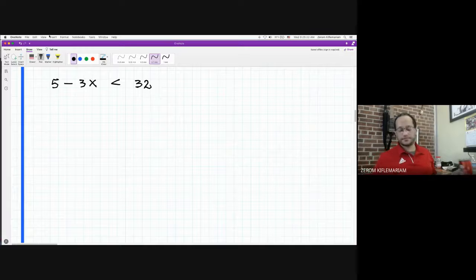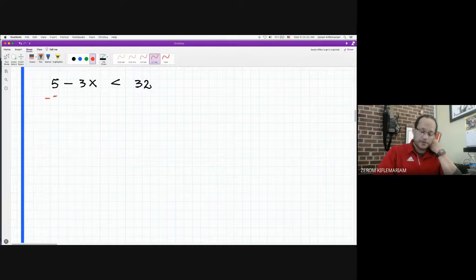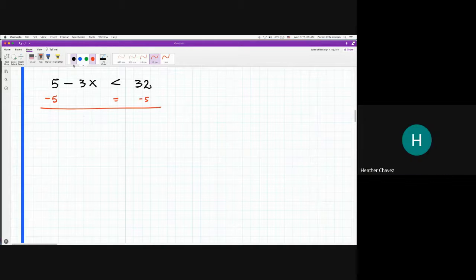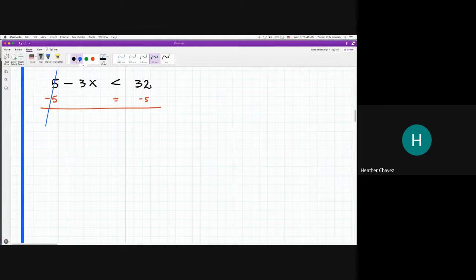What do we do first? I'll say subtract 5 and put it to the other side. So take away 5 equally from both sides. I'll cancel the 5, and then you get 27.